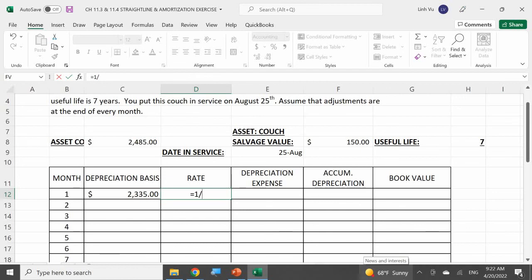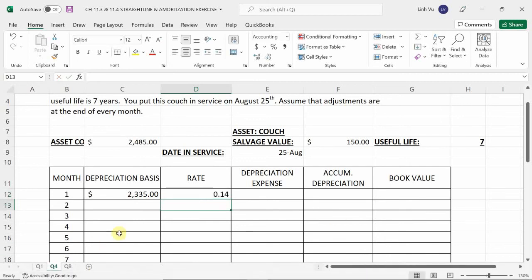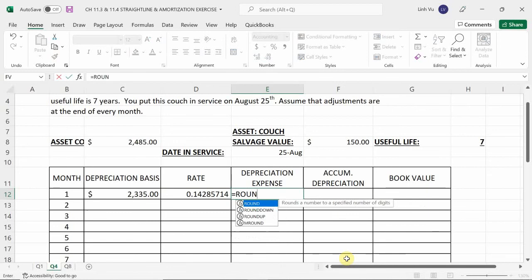What's the estimated useful life? 7, sorry. 1 divided by 7. I got 0.142857142. Okay, all right. So then what is going to be my depreciation expense for the first month? Expense equals depreciation base.